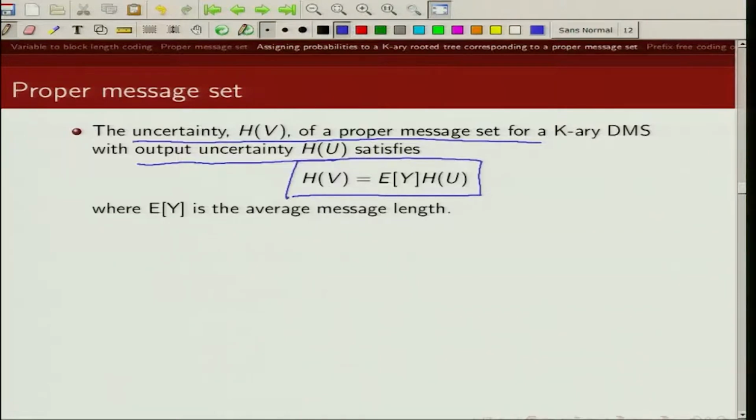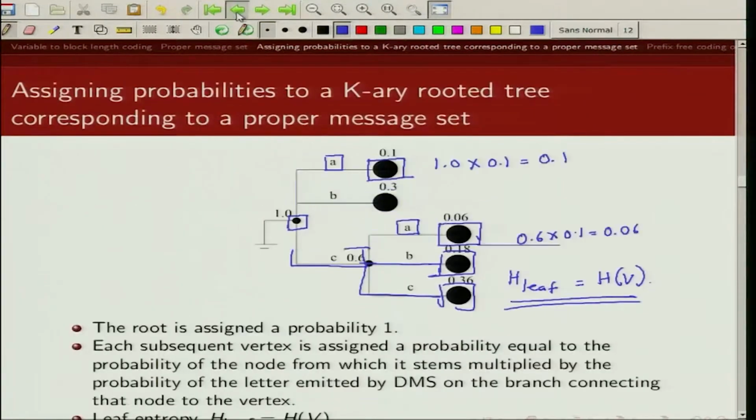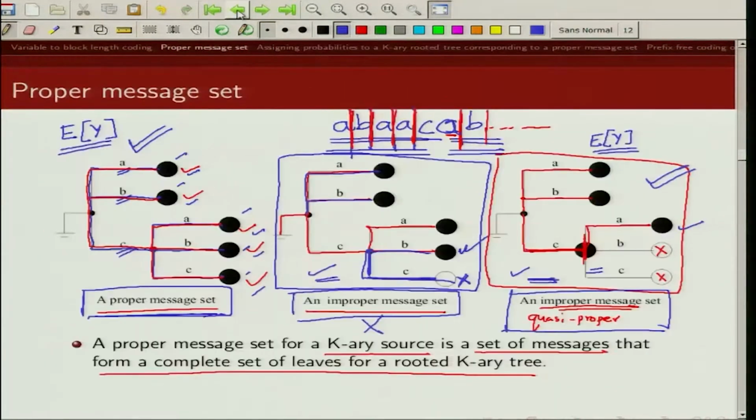So the uncertainty in the output of a message parser, which is V, is given by the expected value of Y times the uncertainty in the query discrete memoryless source output, which is denoted by U. Just recall what our U's and V's are.